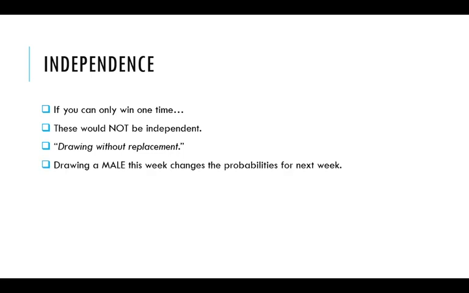So drawing a male this week changes the probability for next week, assuming that we don't have anyone quit their job or join the firm. So we're just keeping the names in the hat the same. But I pull Bob's name out, okay, that changes the probability for everybody next week. There's one less name. And if I have 50-50 male females and I pull out a male, do we agree that changes the probability of getting a female next week?